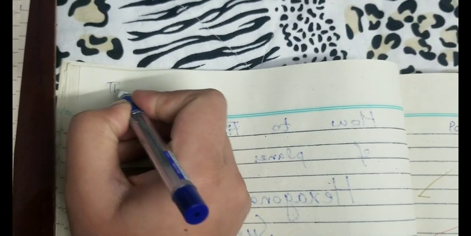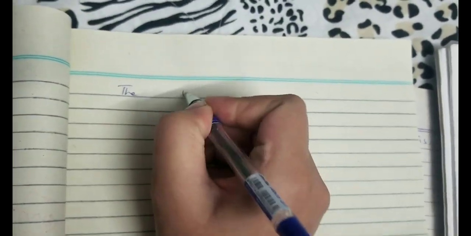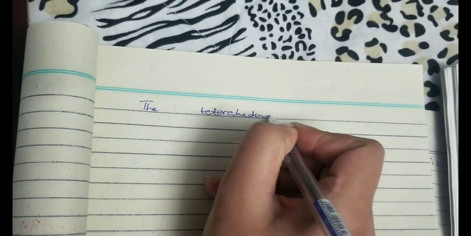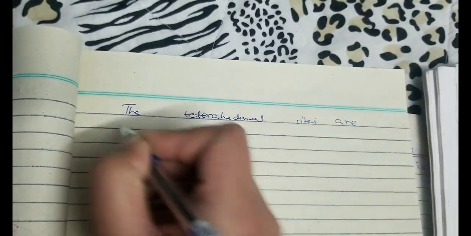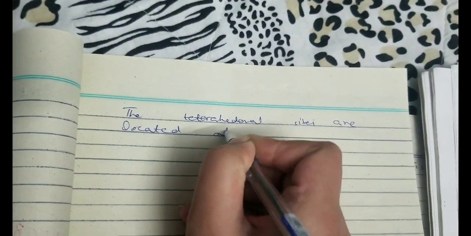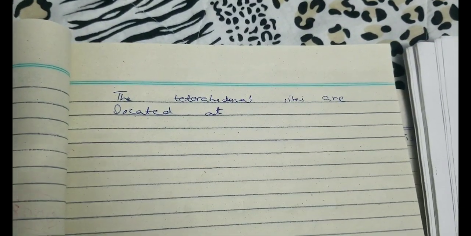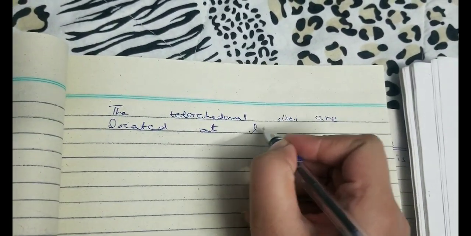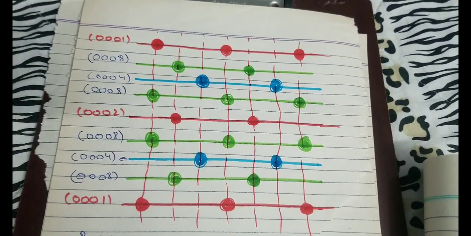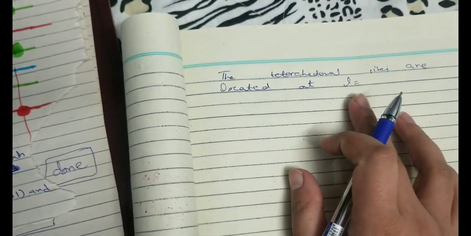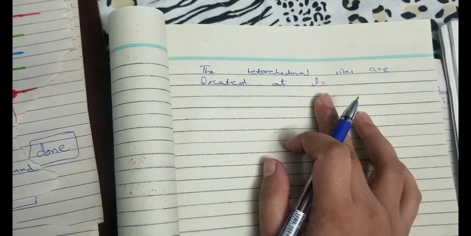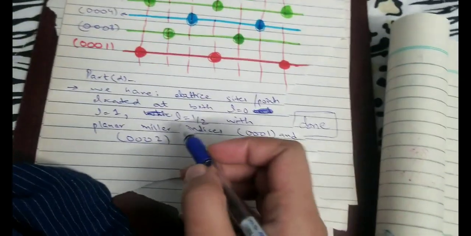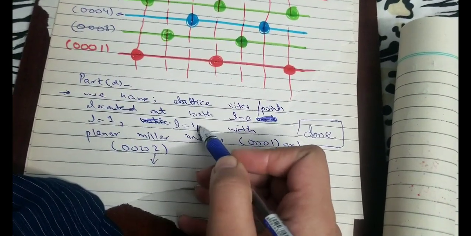Now for the octahedral and tetrahedral sites, the tetrahedral sites are located at L, meaning the position with respect to the z-axis, because they are located at some height. You can see here the four planes where tetrahedral sites were located. The position with respect to L is represented in terms of the inverses. You can see here the index was 2, but the L value was 1 over 2.